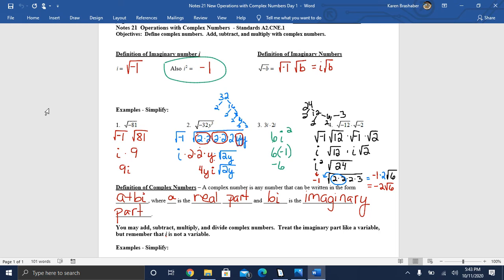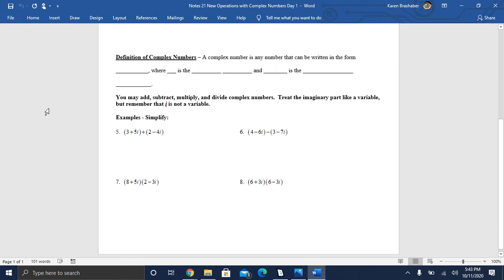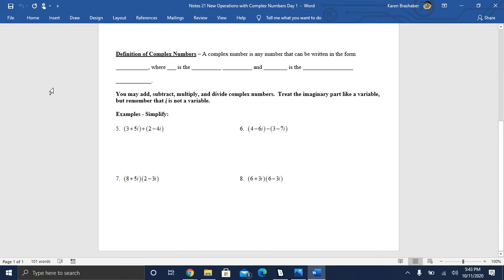So I'm going to scroll up and we'll take a look at our remaining examples. So our first two examples are addition first and then subtraction. And for addition, notice that I have the complex numbers grouped together, 3 plus 5i plus, and then 2 minus 4i.